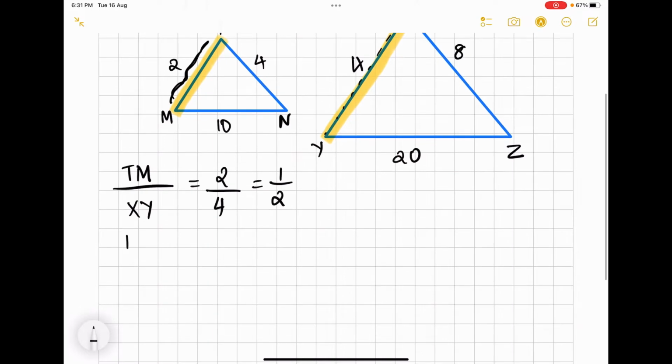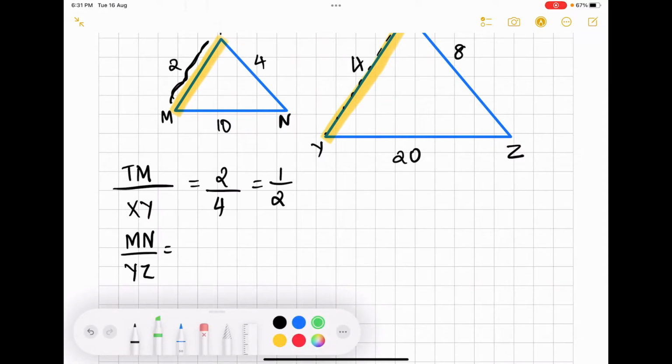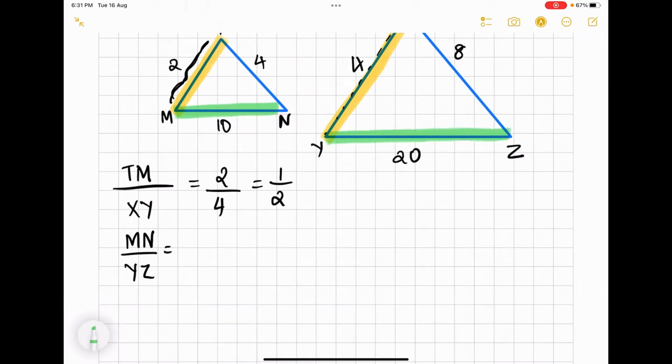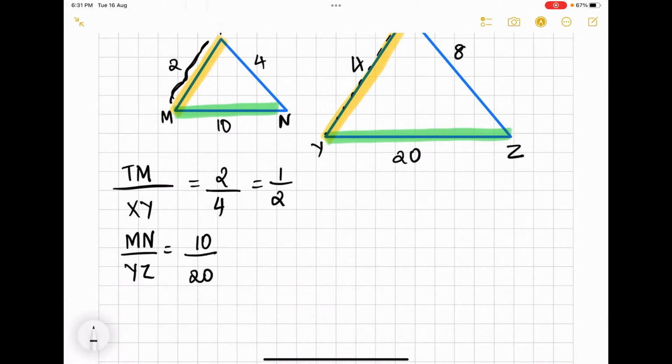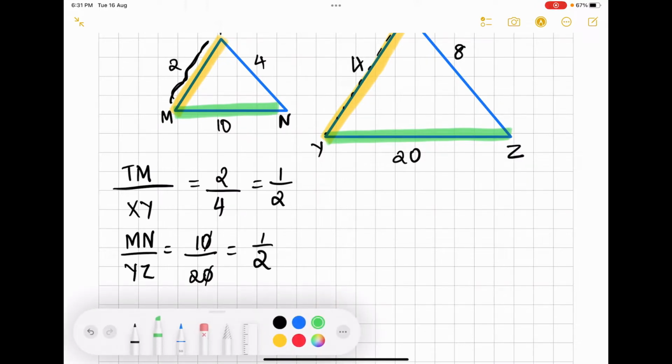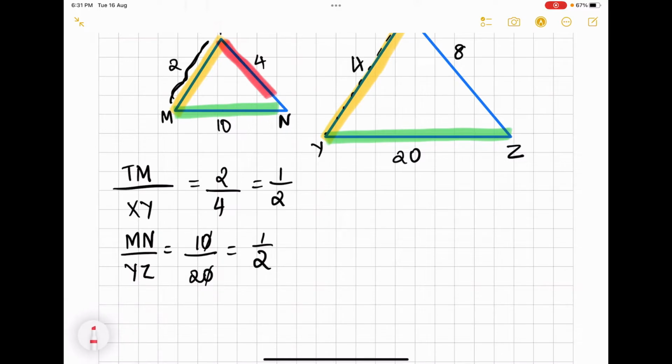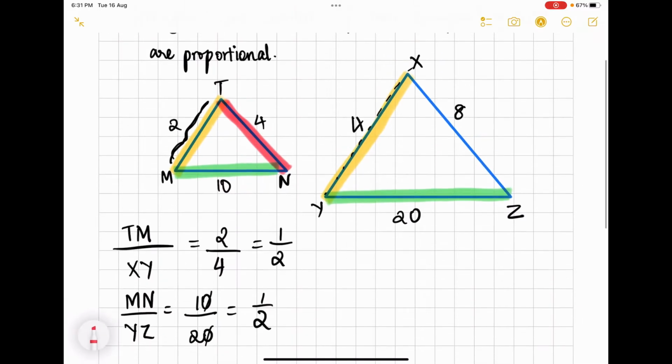Similarly, let's find out what MN divided by YZ is. 10 divided by 20. This is also 1 by 2. Can you now quickly find out what the ratio of the third side is?